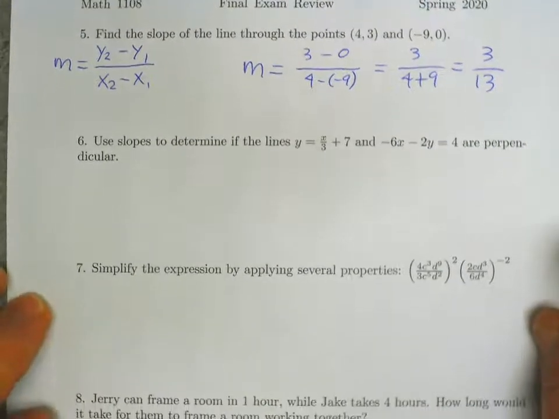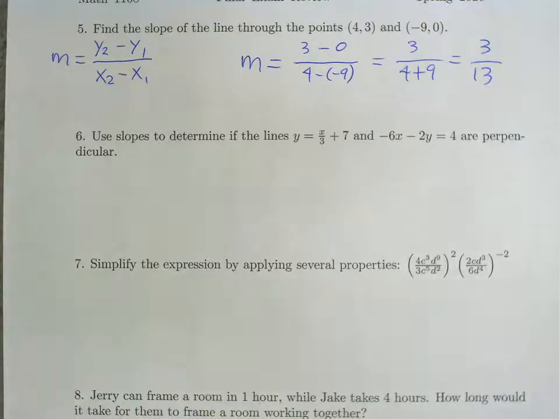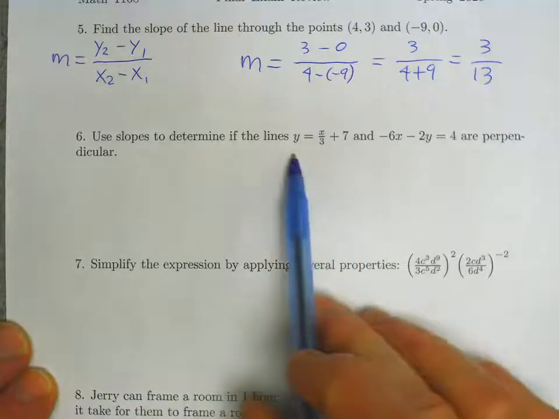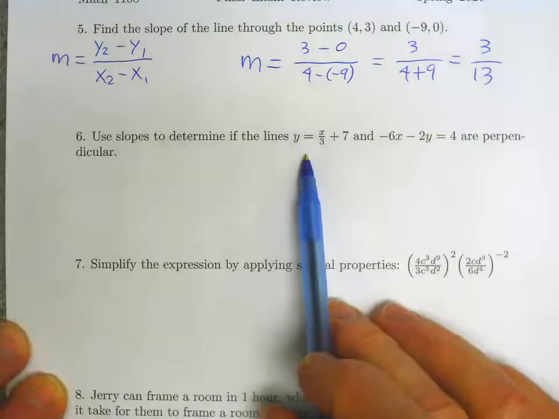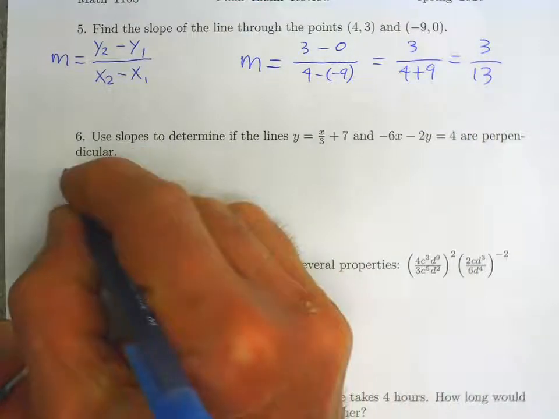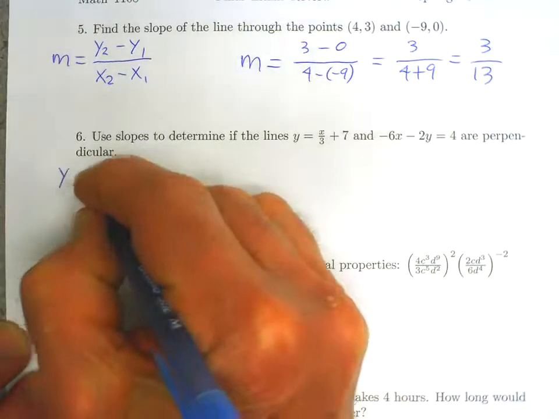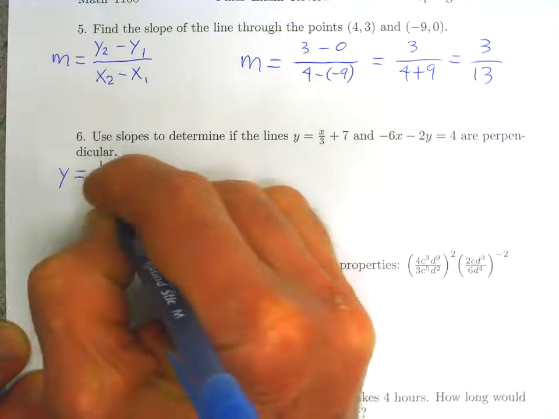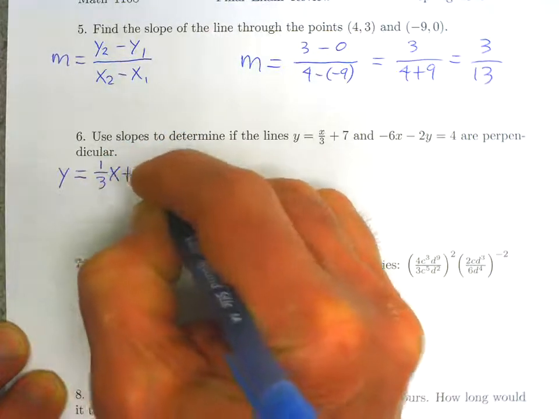Okay, number 6, use the slopes to determine if the lines y equals x divided by 3 plus 7 and negative 6x minus 2y equals 4 are perpendicular. This first one, y equals x divided by 3, is equivalent to writing y equals 1/3 times x plus 7.